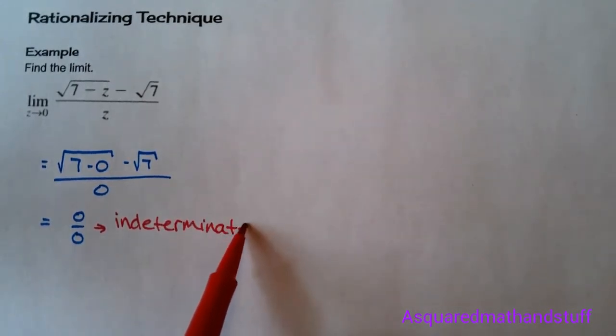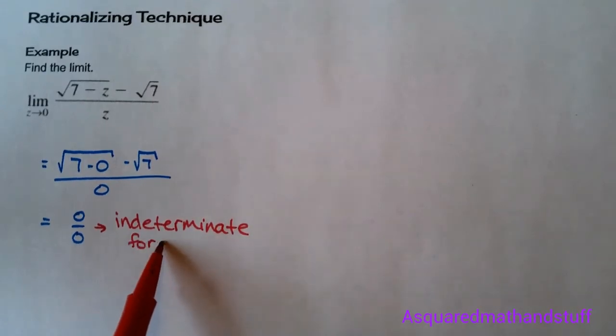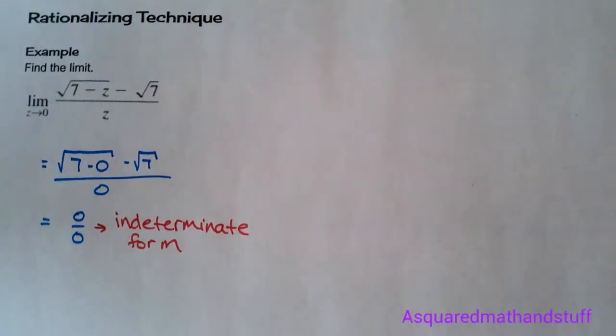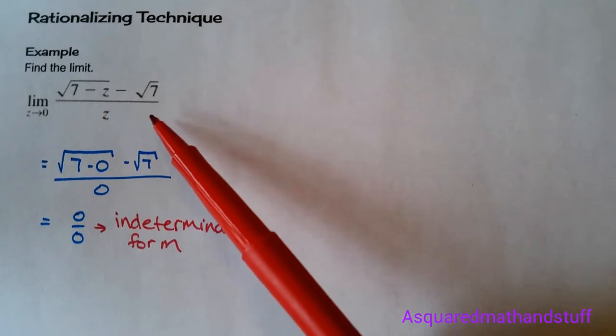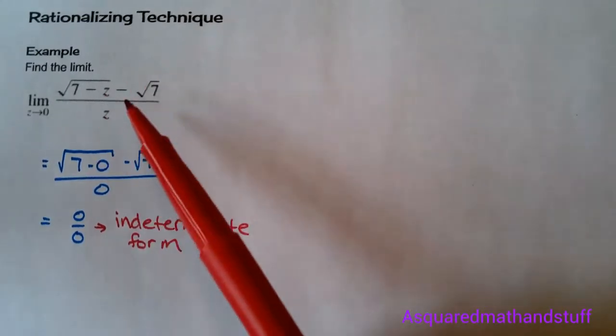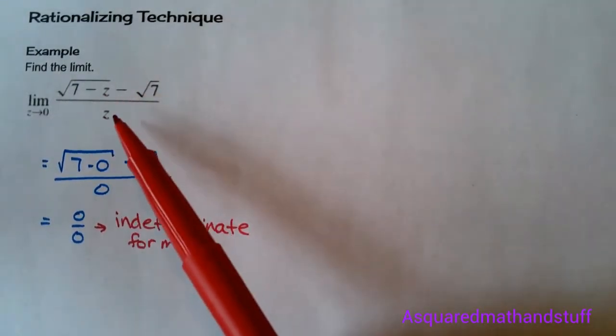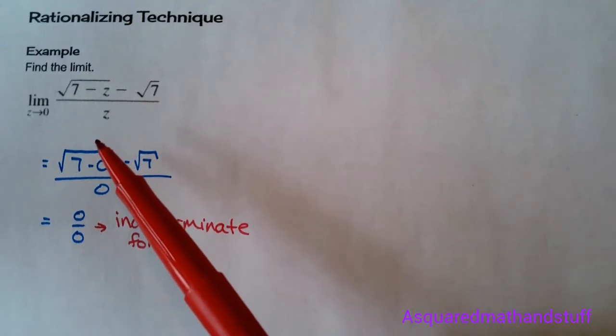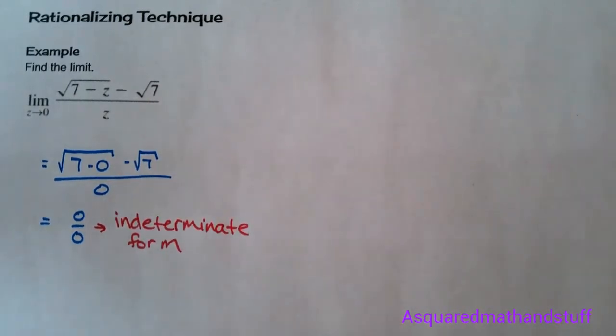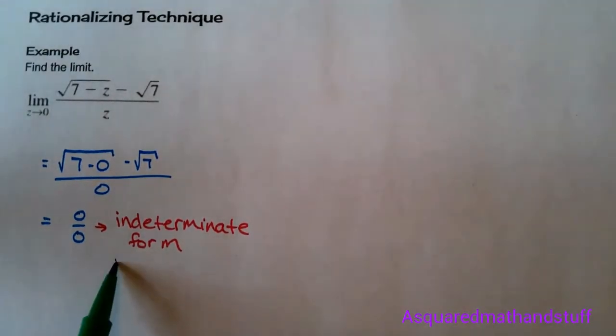And when we have an indeterminate form, it's a clue that we need to somehow simplify the original function. In this case, because we have some square roots in here, we're going to rationalize the numerator. So we will rationalize and then simplify in order to calculate the limit of this function.